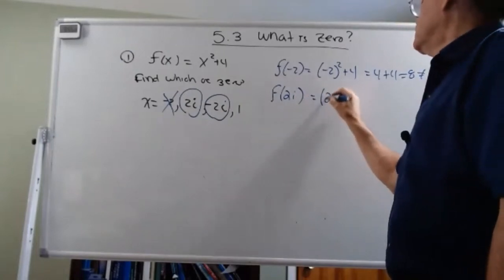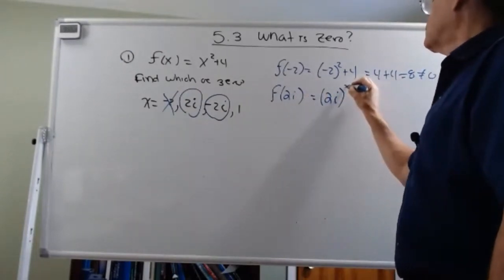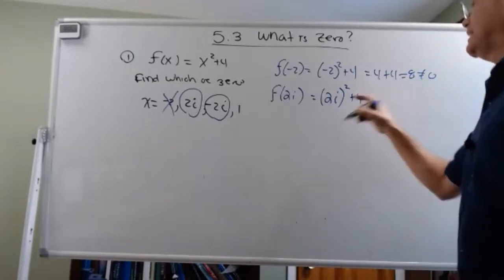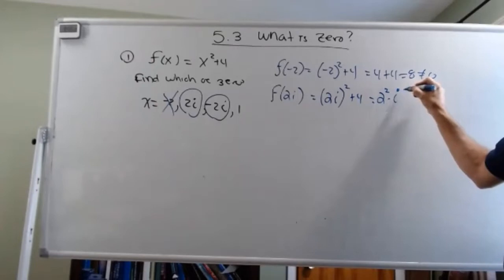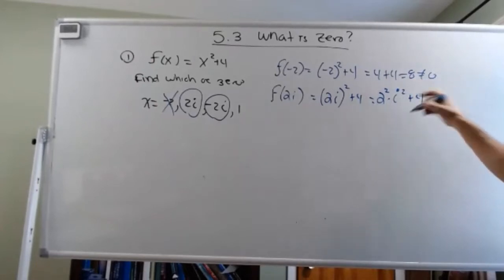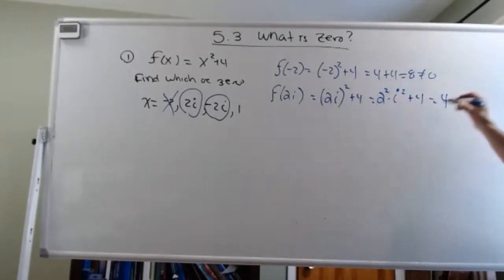That's equal to 2i squared plus 4. Well, that is equal to 2 squared times i squared plus 4. 2 squared is 4. i squared, remember, that's negative 1, plus 4. So that's negative 4 plus 4, 0, so it works.